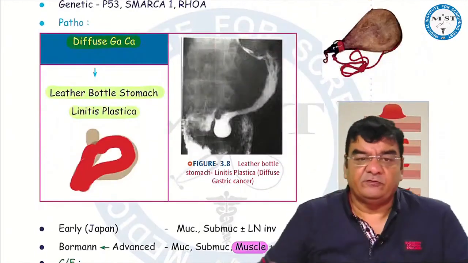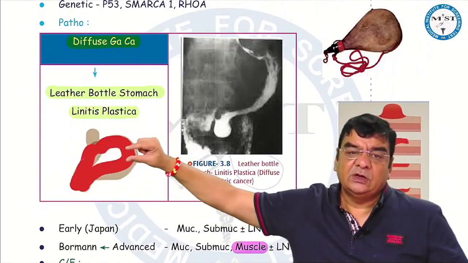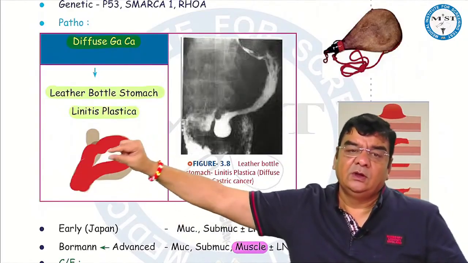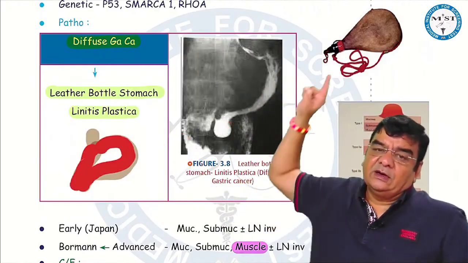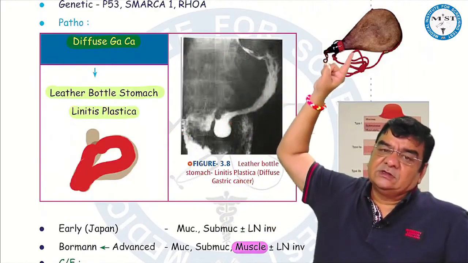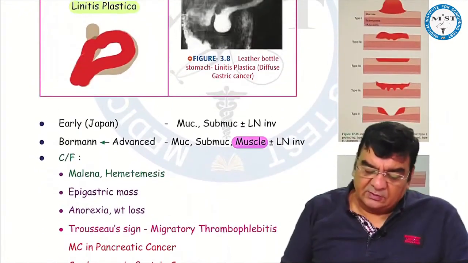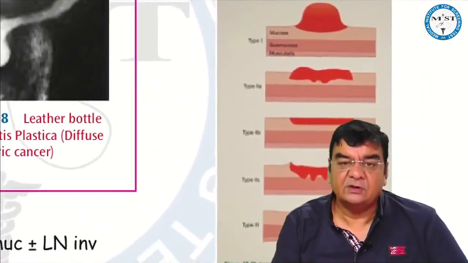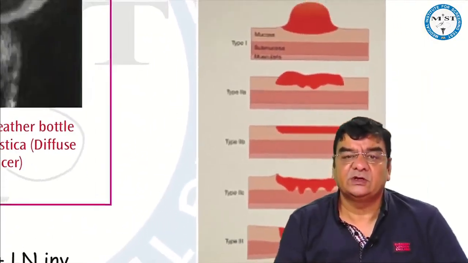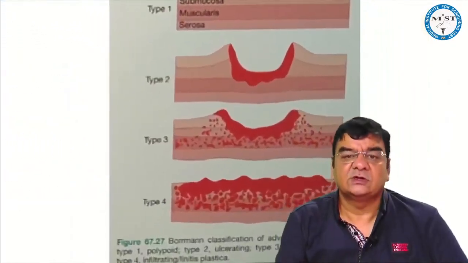Pathologically, if it's a diffuse gastric cancer, if the cancer is in the whole stomach, then the lumen will get narrowed, and this appears as leather bottle stomach or linitis plastica. This is a diffuse gastric cancer. Gastric cancer can be classified as early and advanced. The Japanese people classified early gastric cancer, and the Borrmann classification is for advanced gastric cancer.